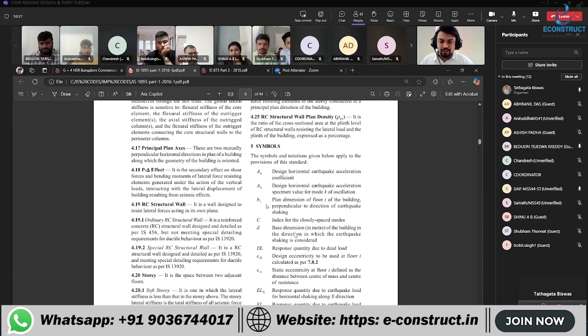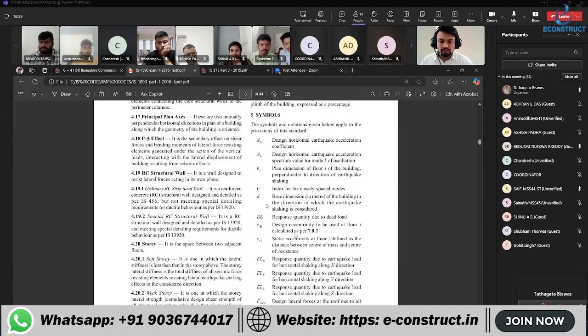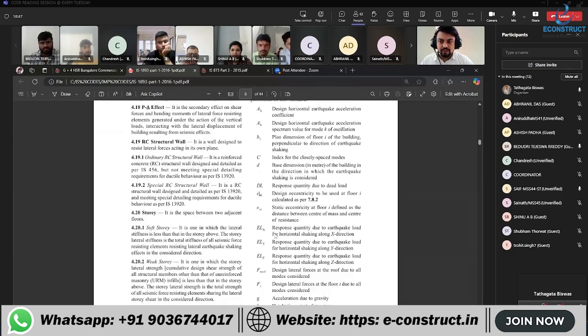These definitions are required to master this code. That's why they are written over here. Also there are certain symbols which are very important in order to solve certain equations and concepts to address the earthquake engineering part for buildings. Go down.